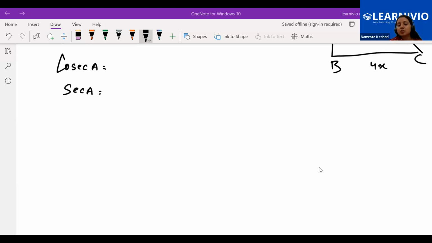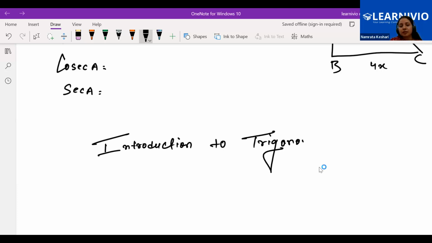So yesterday we just started this chapter, that is introduction to trigonometry. I said that this trigonometry is a branch of mathematics.